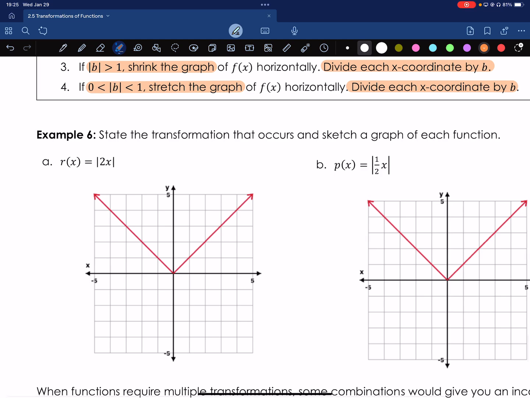Both of these functions that we have, for example, 6, the parent function is the absolute value. So I'll just write that one time for both of them. That's the absolute value.